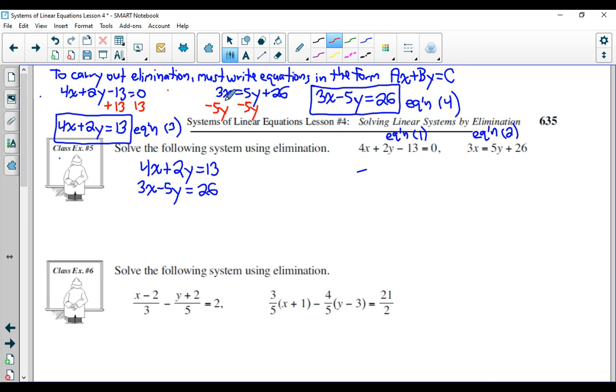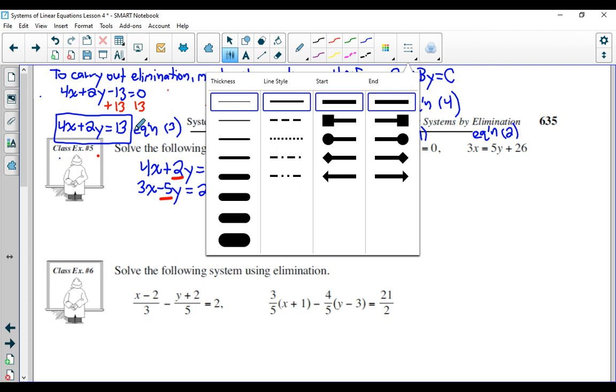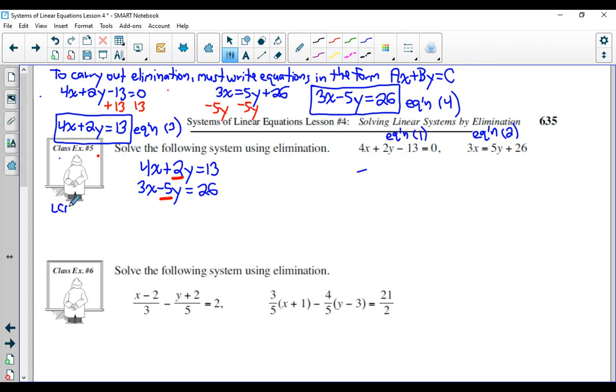You could eliminate x, but let's try to eliminate the y term. The coefficients are 2 and 5. So my LCM for y terms is going to be, what's the lowest common multiple between 2 and 5? It's 10.